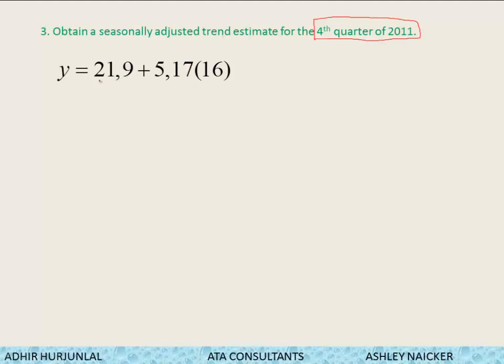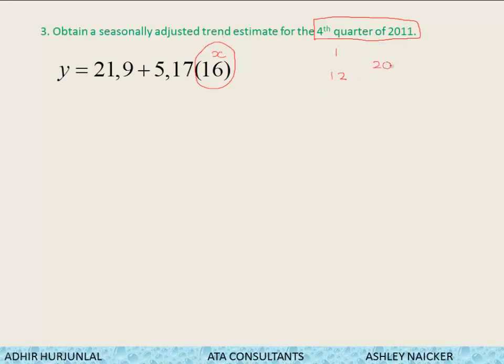My trend equation is y is equal to 21,9 plus 5,17x, and remember this was x. Where in the world did I get the 16 from? Very, very easy, guys. I've got my 3 years. My x codes went right from 1 to 12, agreed? And that was 2010, quarter 4.